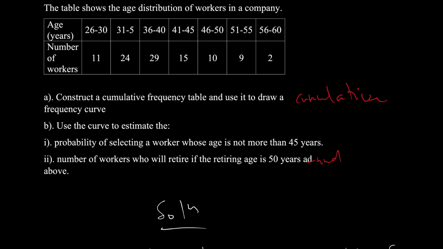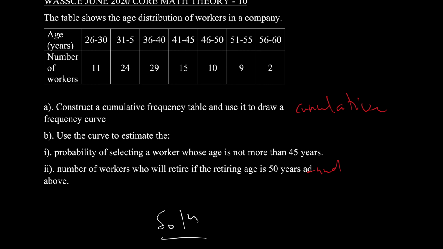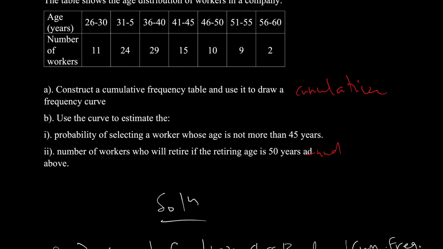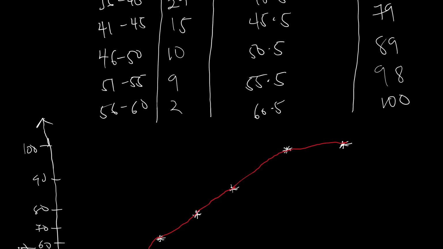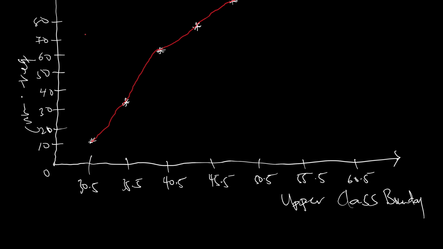The B part: use the curve to estimate I, the probability of selecting a worker whose age is not more than 45 years. If we locate 45 years, it will be somewhere here.